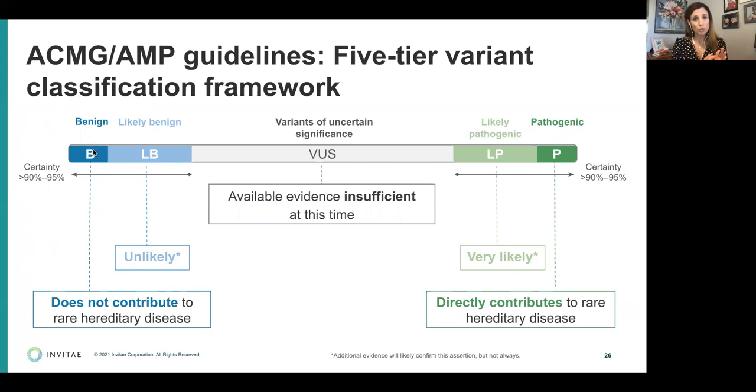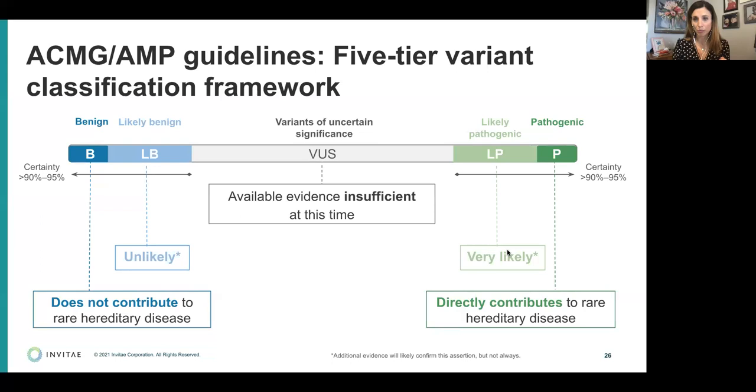For most laboratories, if a variant is classified as benign or likely benign, these will not show up on a test report. These would usually be reported out as negative or normal results.